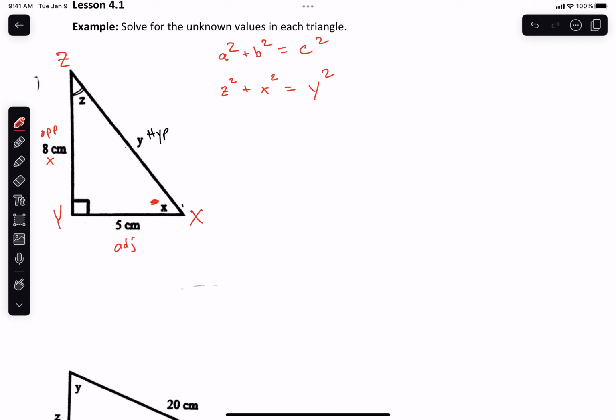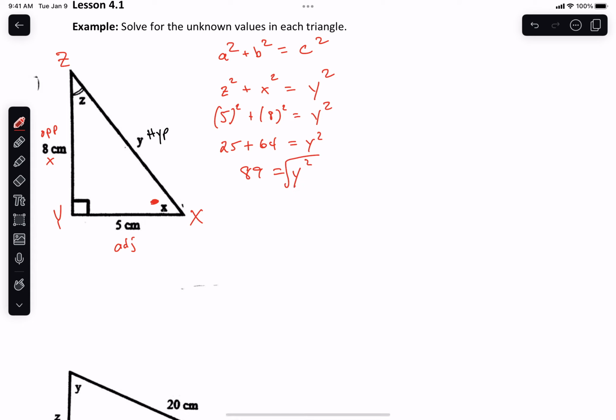So you just put your numbers in. z is going to be 5, so we get 5 squared plus 8 squared is equal to y squared. So we get 25 plus 64, which is 89. So I need 89 to be y squared.